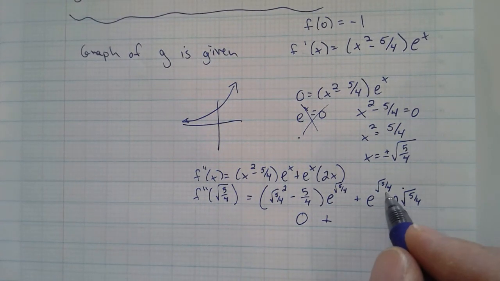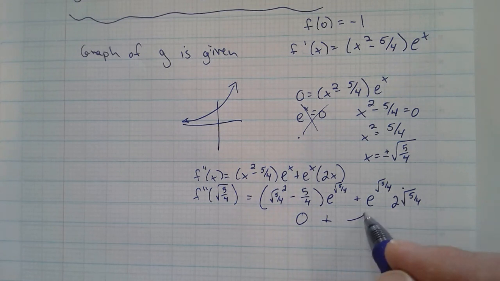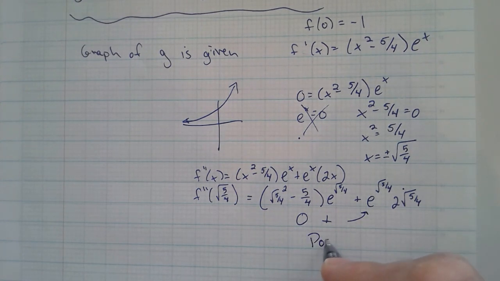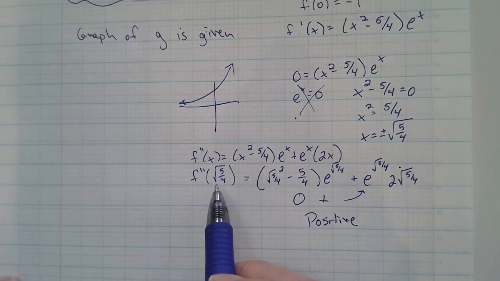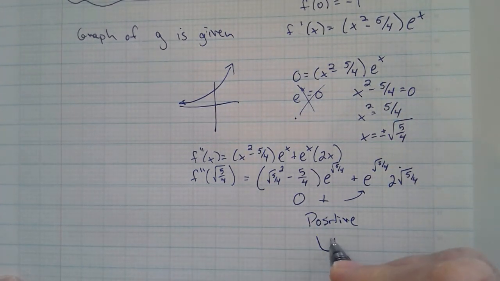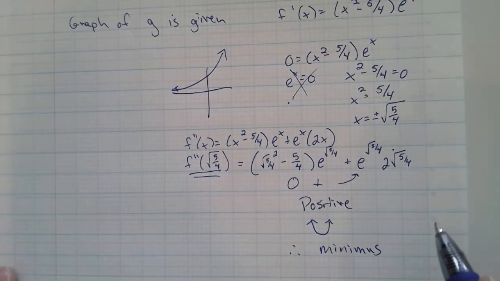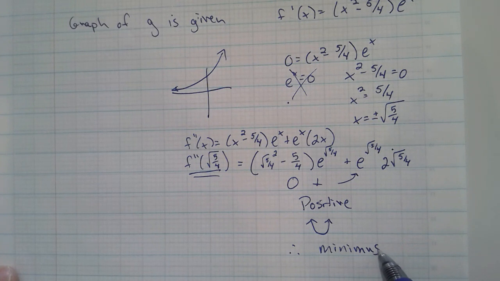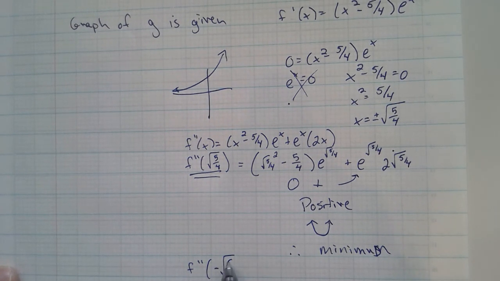Plus e to some positive number times some positive number. So we get positive. If my second derivative is positive at square root of 5/4, that means it's concave up. Therefore, at square root of 5/4 it is a minimum.